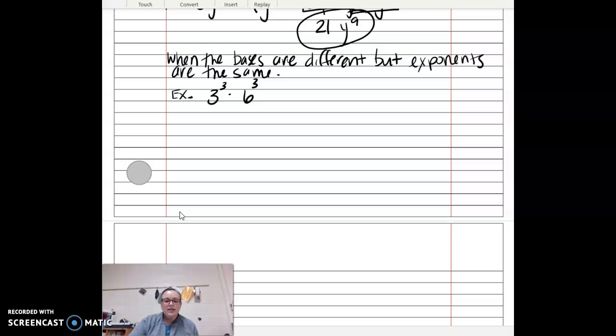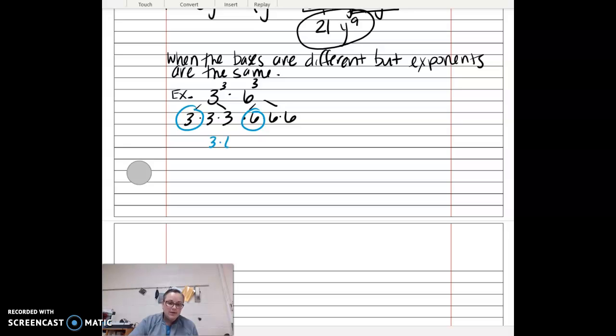If I were to expand this out, 3 to the third power would be 3 times 3 times 3. 6 to the third power would be 6 times 6 times 6. And then we're going to multiply all of these together. So what I'm seeing here is that I can actually take this 3 and this 6, switch the order, and multiply them.